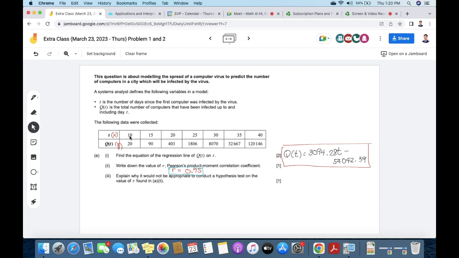It just shows you causality, meaning causes. It may cause. So as we increase the number of days, it may result to an increase as well in the number of computers infected. In that case, as we increase T, we observe an increase in Q of T. That shows you a positive correlation. If it's the other way around, that shows you a negative correlation.